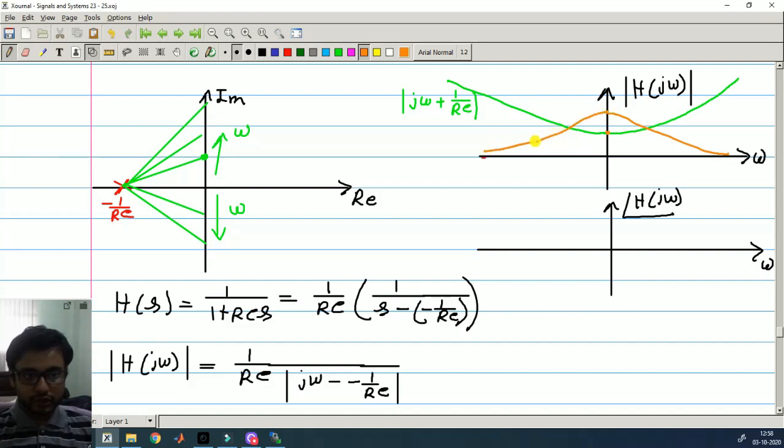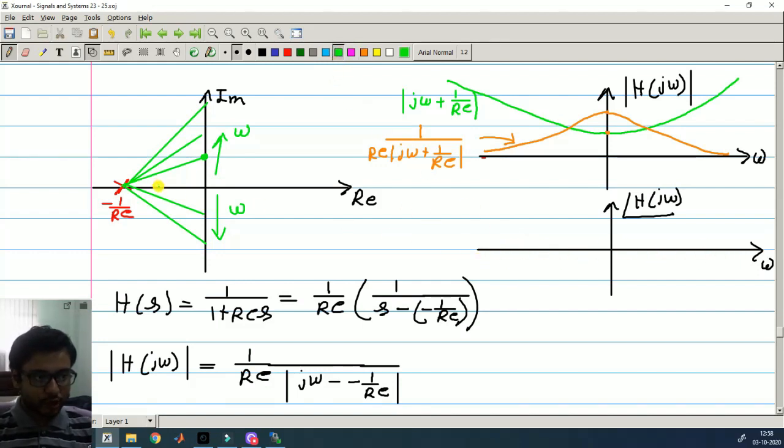So this graph is of 1 by the magnitude of jω plus 1 by RC. Yes, we also have this constant RC multiplied. So this will be the pattern. In the same way, let us try to find the phase response.